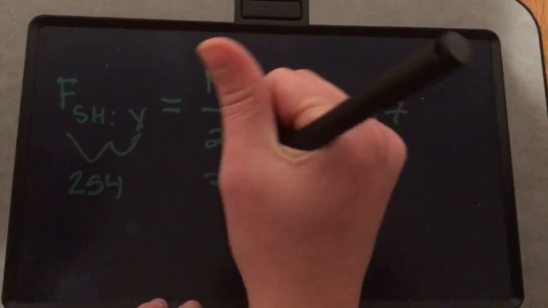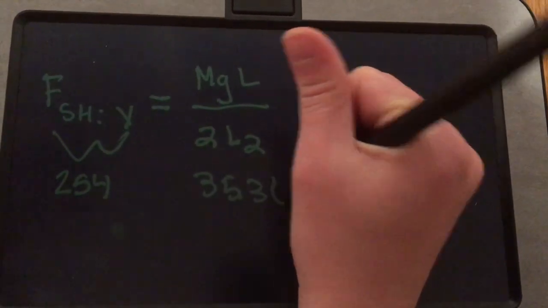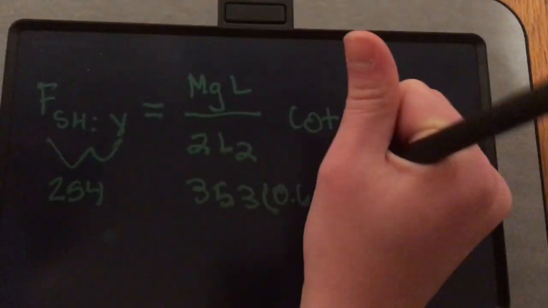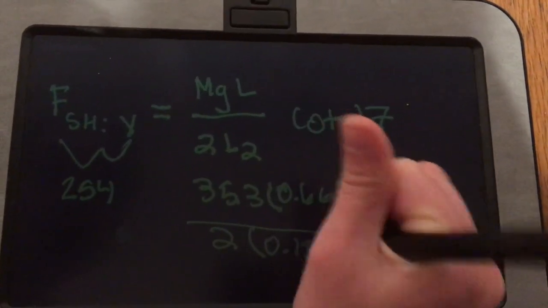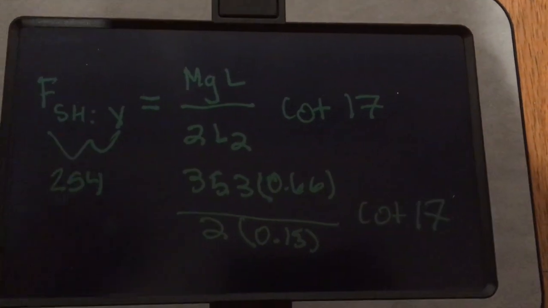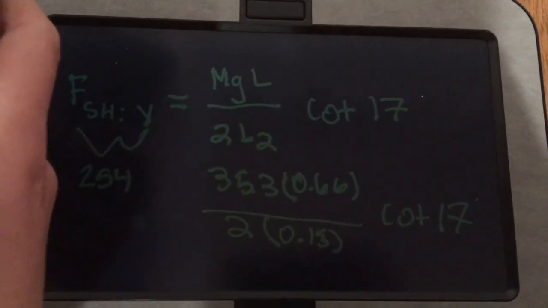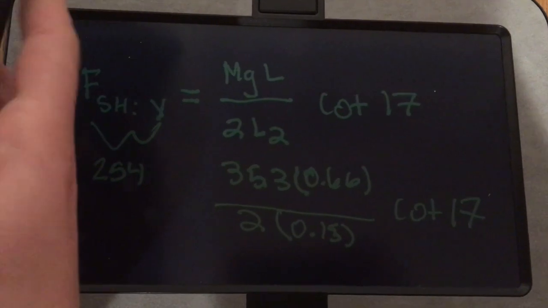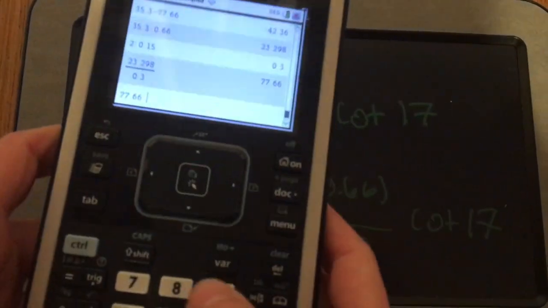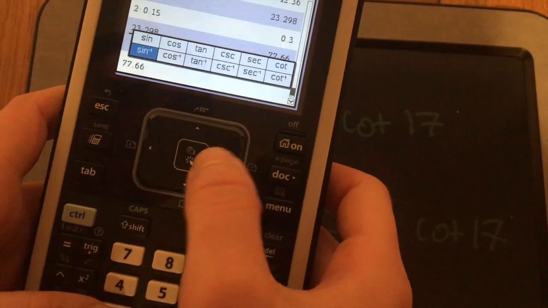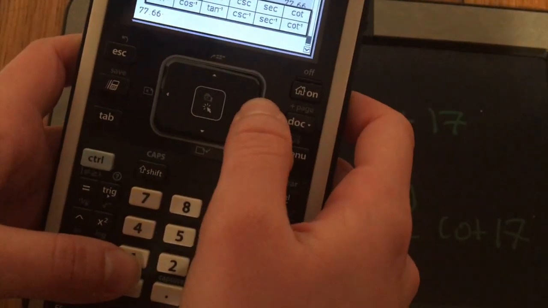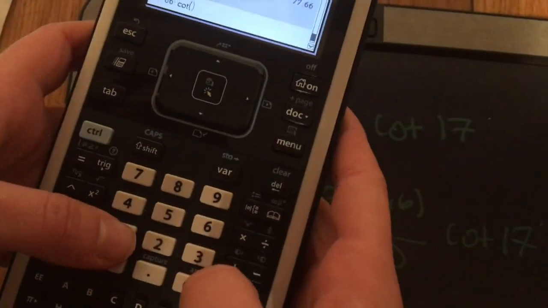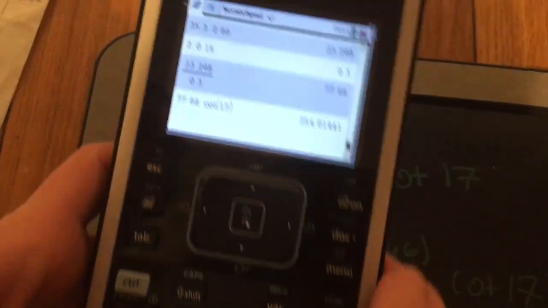All right, let's do it. 35.3 times our old friend 0.66 over 2 times 0.15 cotangent 17. So as we remember from before, this is going to equal... oh, whoops, sorry everyone. I want to go cotangent of 17, all right, I'm scared. Oh, 254. Everyone see that?